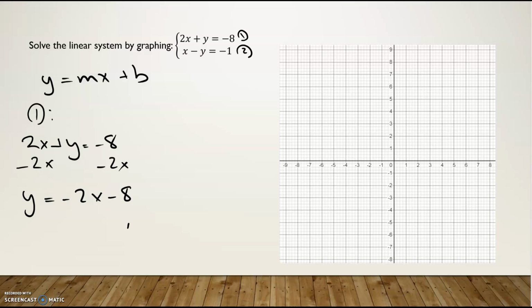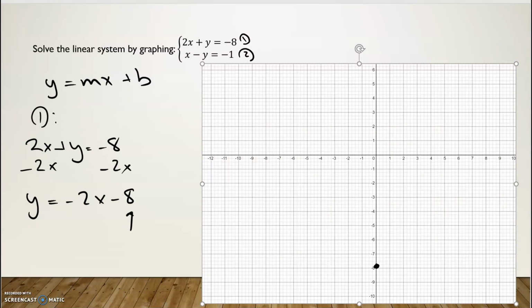Okay, so here is the y-intercept. That's at (0, -8), so right here. And then I need to go down 2 over 1. I had to change graphs to fit this on here. Then I need to go down 2 and over 1 to right here.